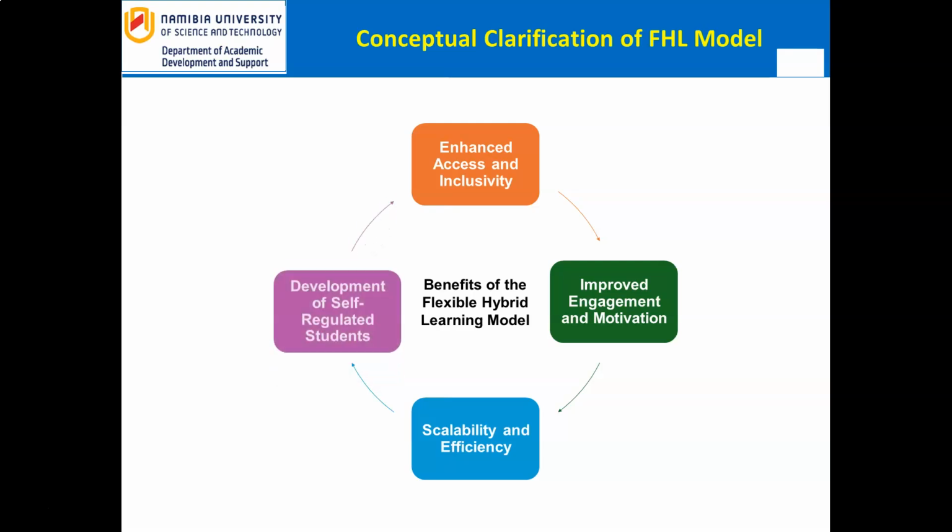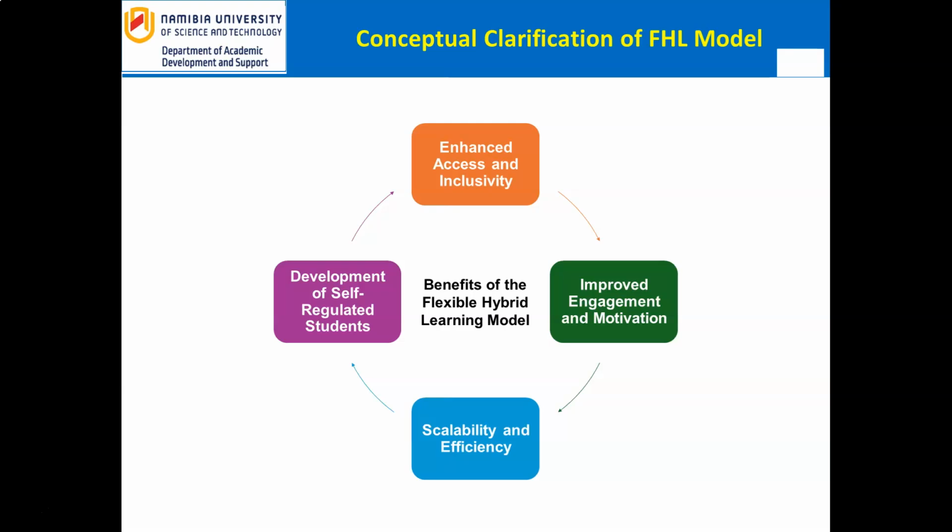Fourth, development of self-regulated students, where the autonomy provided by the FHL model reinforces the development of self-regulated learning skills of the students. In this approach, students learn to manage their time, set goals, and take responsibility for their learning, which are valuable skills for lifelong learning, according to Graham, 2013.